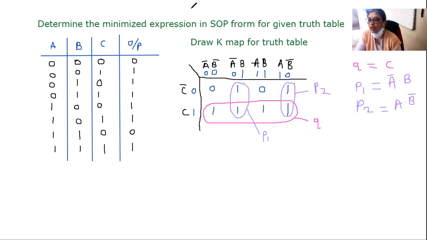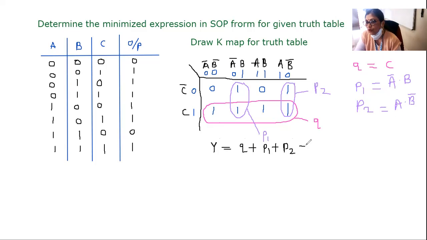Now what will be your output then? Let us call it Y. And this Y will be equal to your chord plus pair 1 plus pair 2, because this is sum of products. What we have obtained here are products, and in order to form a sum of products equation, we have to add these terms.